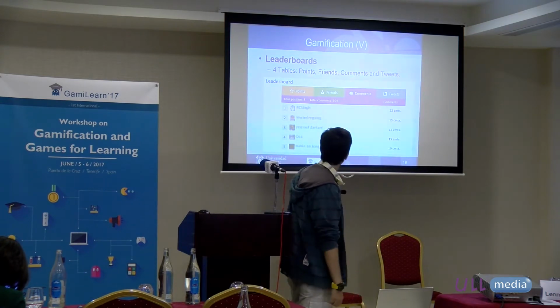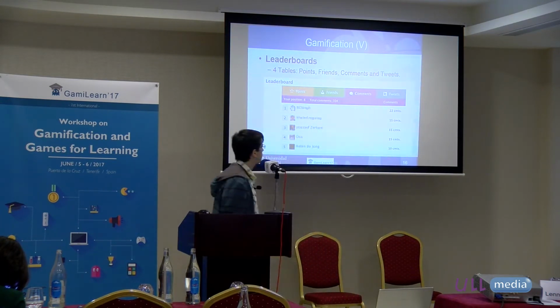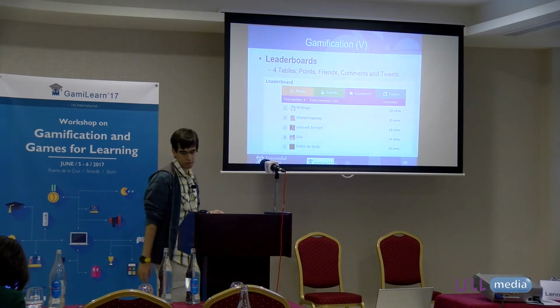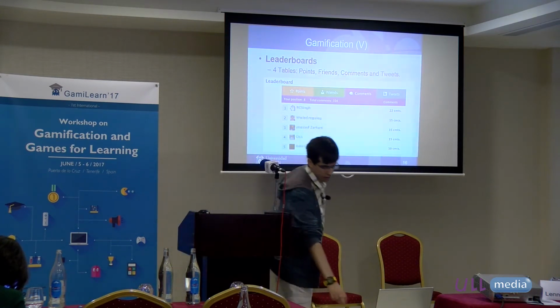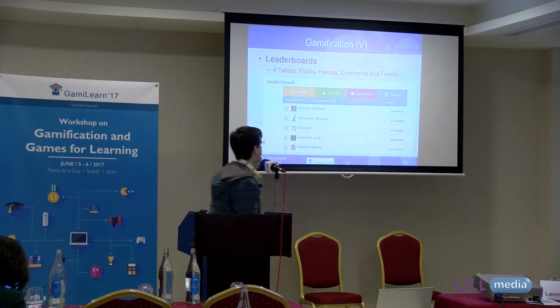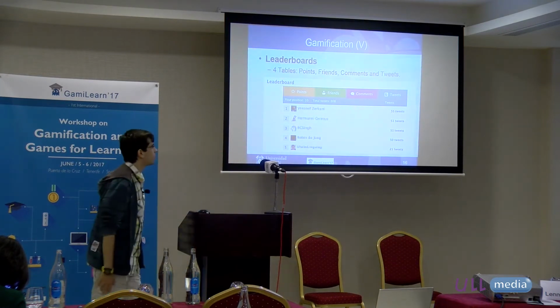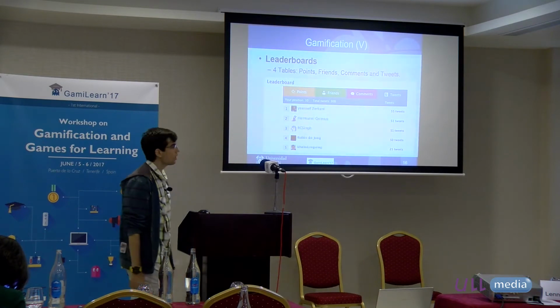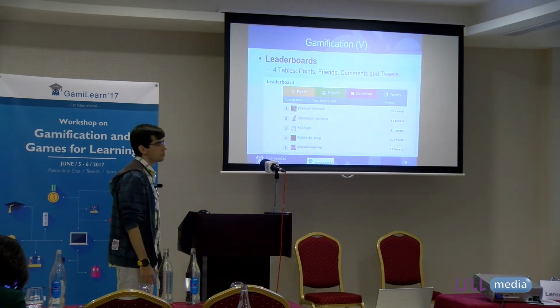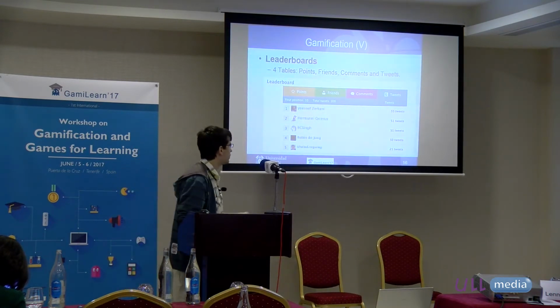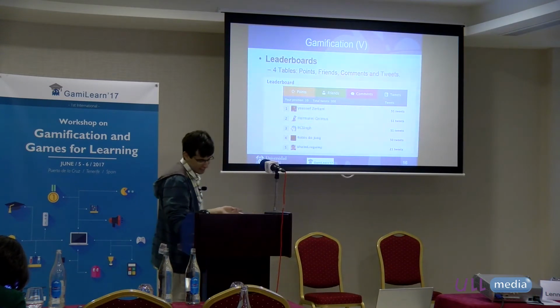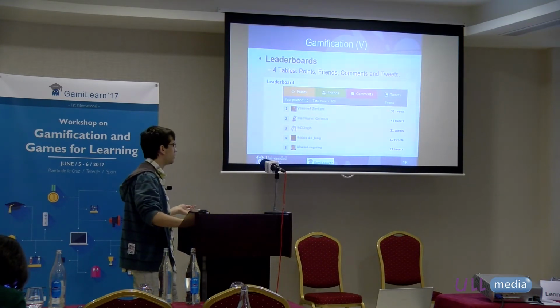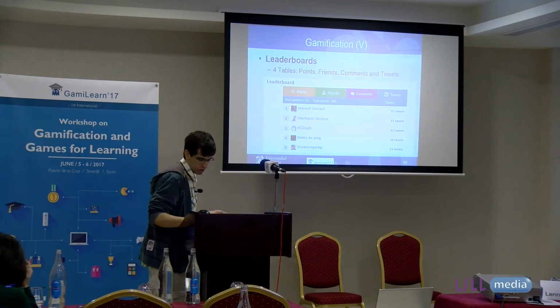And the final two are the number of comments posted on the platform, and the wire, also the number of tweets. We call them tweets for the student, which could be easily understood by them, instead of calling it the wire, as Twitter is maybe easier for them to understand.